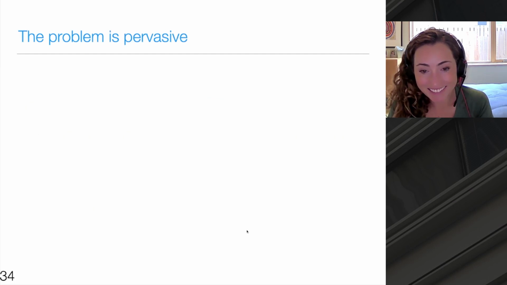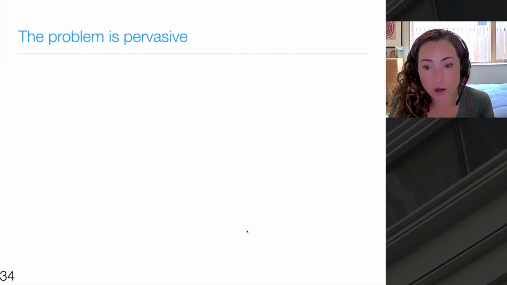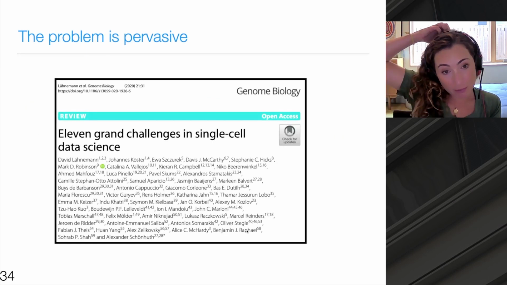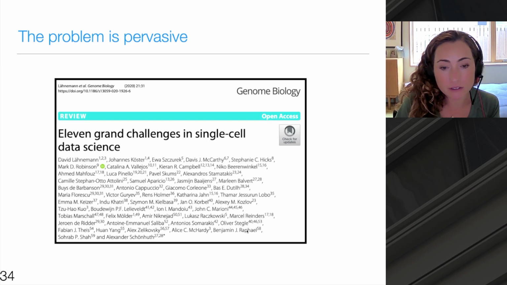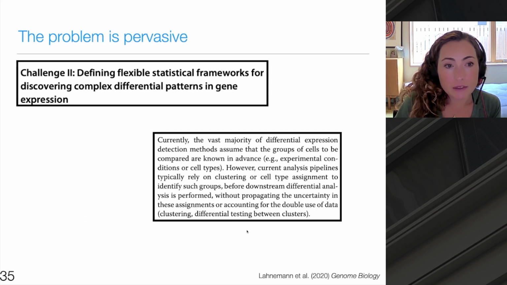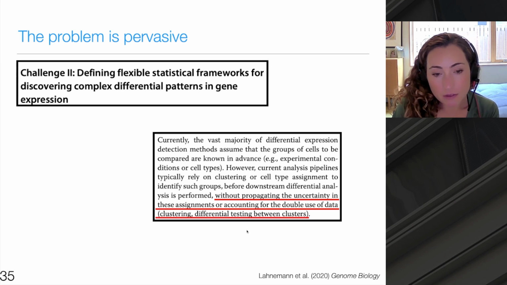Okay. All right, so is this just a one-off problem? No, it's not. This is a paper published in 2020 called 11 Grand Challenges in Single-Cell Data Science. That goes even beyond single-cell RNA sequencing. This is referring to an entire field of biology where they're measuring things on the level of single cells. And their challenge number 2 is that there's a problem if we don't propagate the uncertainty in the cluster assignments before we do differential testing between clusters.